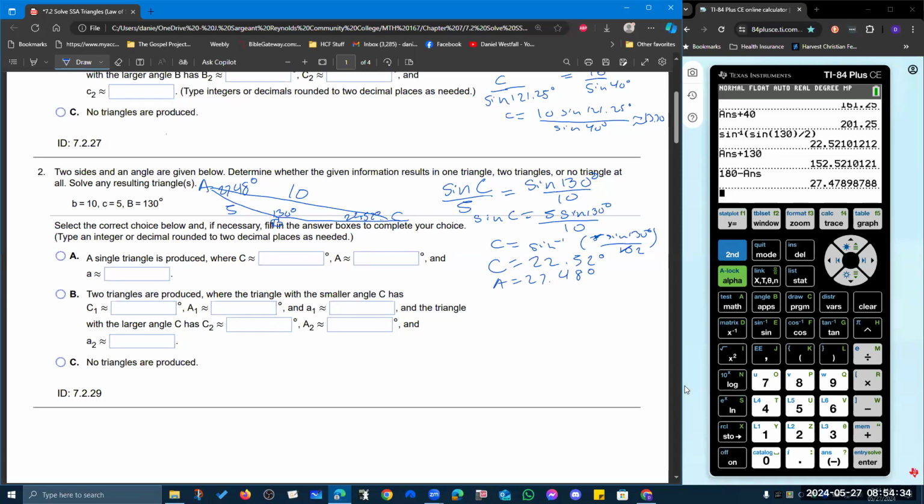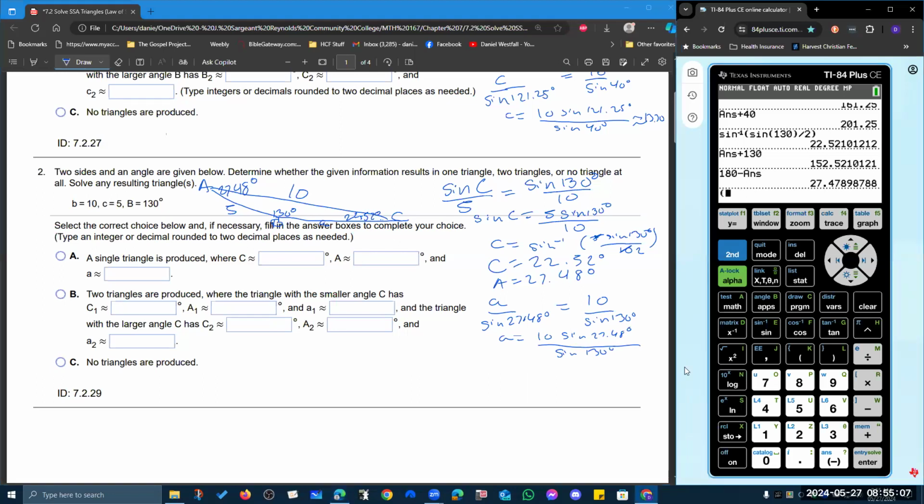And then we're going to find side A here to say that A is to sine of 27.48 degrees, and that's equal to 10 over sine of 130 degrees. So A equals 10 sine of 27.48 degrees over sine of 130 degrees.